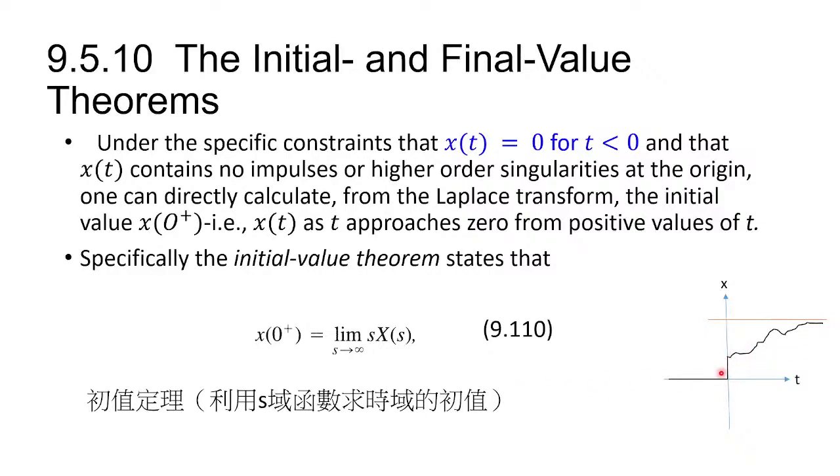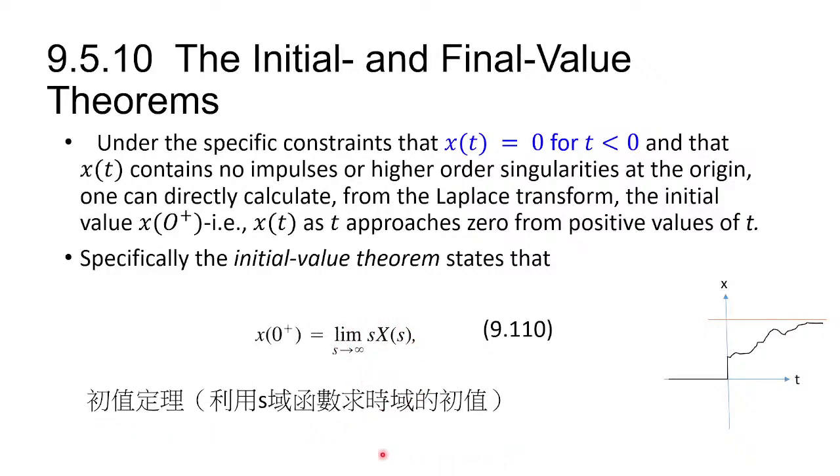So you have a finite discontinuity here, and x jumps to some value x of 0 plus. A really special thing about the Laplace transform is that you can determine this x of 0 plus by calculating s times X of s, then taking s going to infinity.